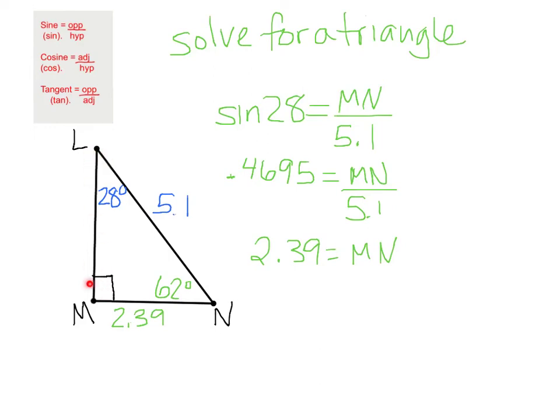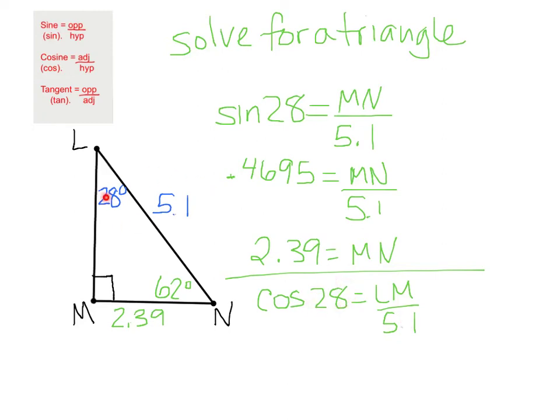Just to practice, let's use trigonometry to get LM. Once again, I'm going to use the 28 degrees, but now I'm going to use cosine. Cosine of 28 is equal to LM over 5.1. Notice I haven't used any rounded values. These are all the blue values that were given to me.